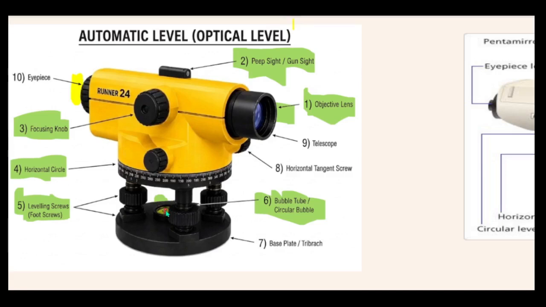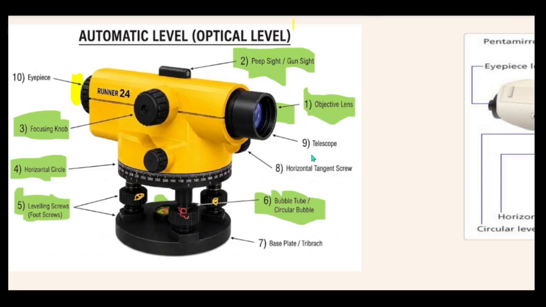And the criteria for it to be steady at the center, like I told you, spirit level, is by adjusting these foot screws here. When adjusting these foot screws, then this air bubble can be steady at the center. All right. So that's the bubble tube or the circular bubble tube. It's also called, as you can see, spirit level or whatever. So then let's move to the next one.